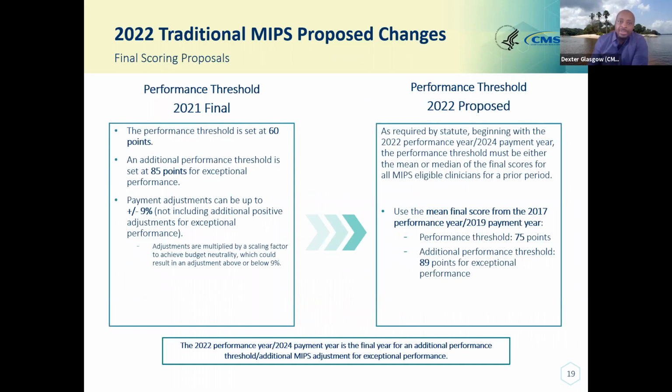And for the final scoring proposal, we've proposed a performance threshold for the next year, 2022, to be at 75 points. This is the year that the law requires us to establish the performance threshold based off of a prior data period, as well as the methodology of the mean or median. So we have proposed to use the mean methodology, and we have proposed to use the first year's data that we have available to us, which was calendar year 2017.